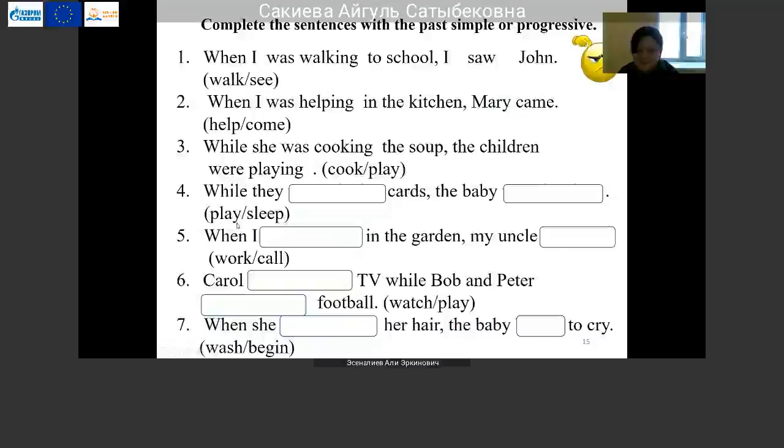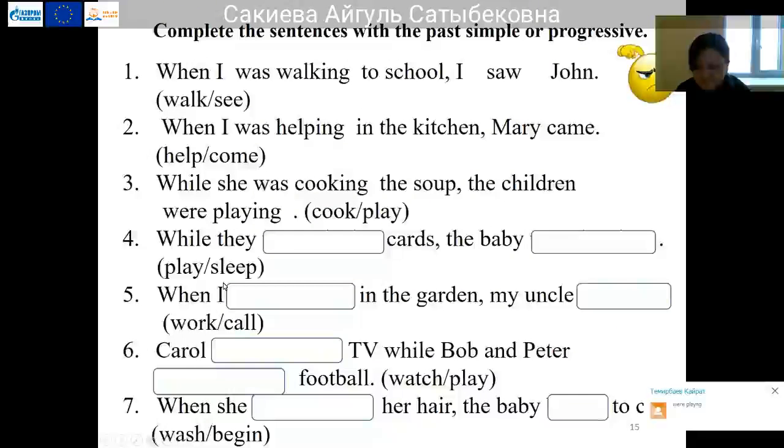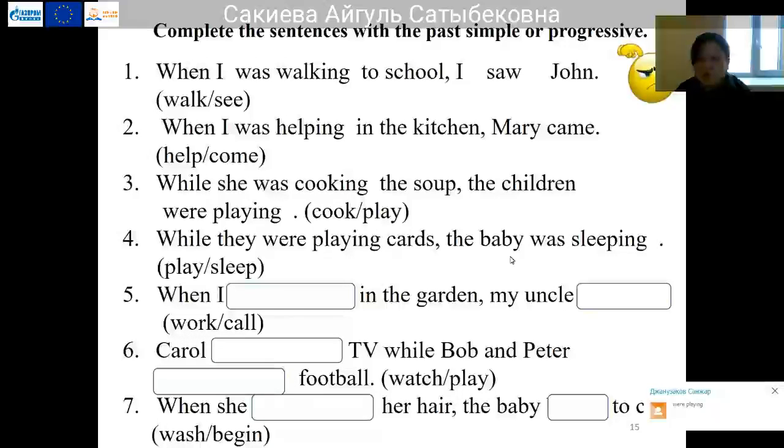Play and sleep. We need to use play and sleep. While they were playing cards, the baby, what was the baby doing? Was sleeping because two actions were happening at the same time. Yes, in the past.